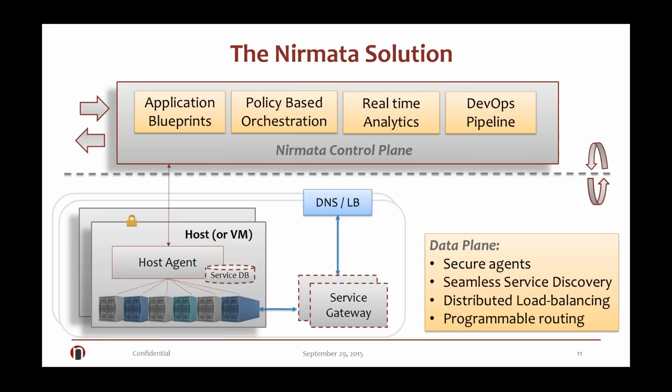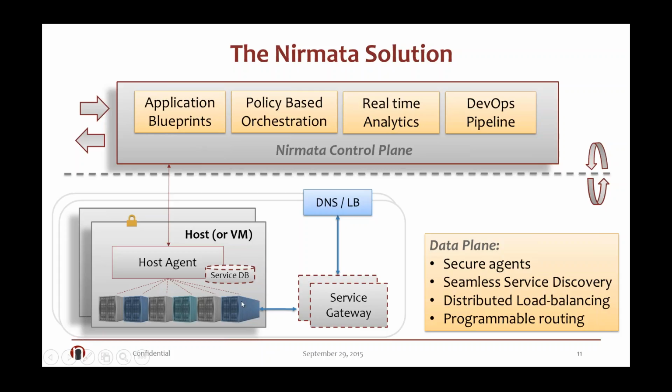Finally, another component on the control plane is we've designed Nirmata to be very open and very extensible. So this fits in easily into a DevOps pipeline, whether you're using Jenkins or Bamboo or other tools for your build automation and build management. And you can also plug any public or private image registry into this pipeline, and Nirmata will easily integrate into this.